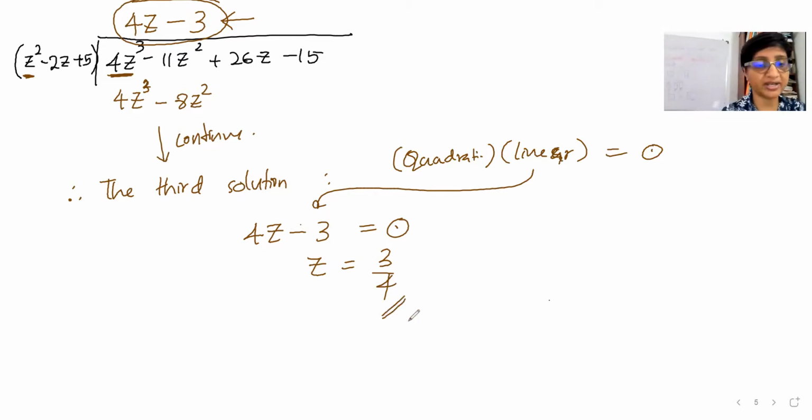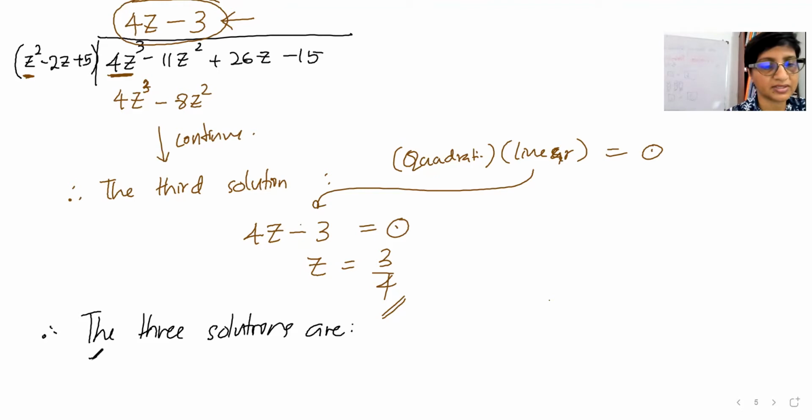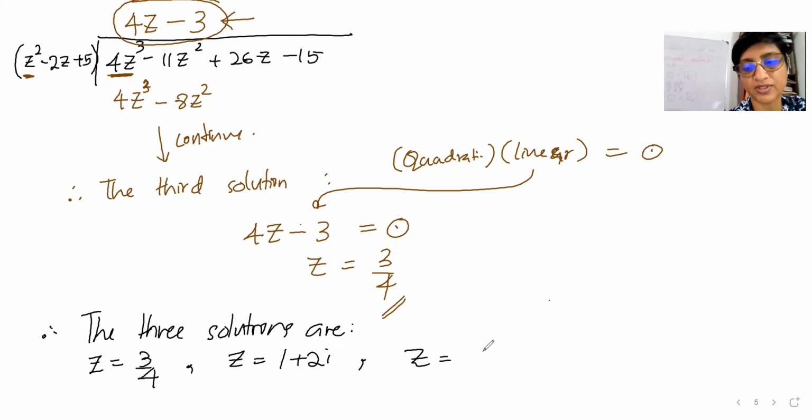If you want, you can finally write all the three solutions together. Therefore, the three solutions are z equals 3/4, z equals 1 plus 2i, and z equals 1 minus 2i.